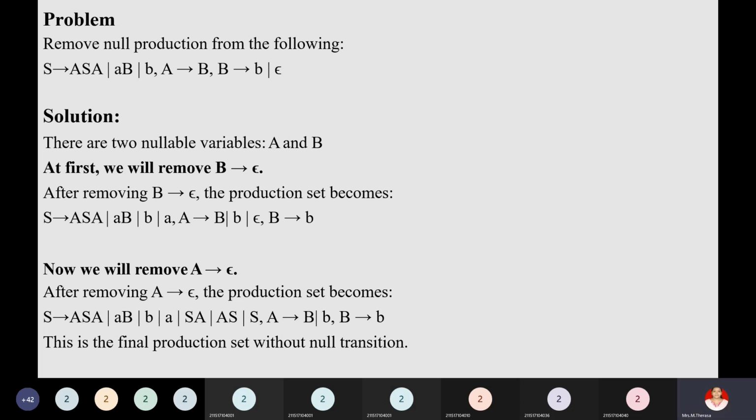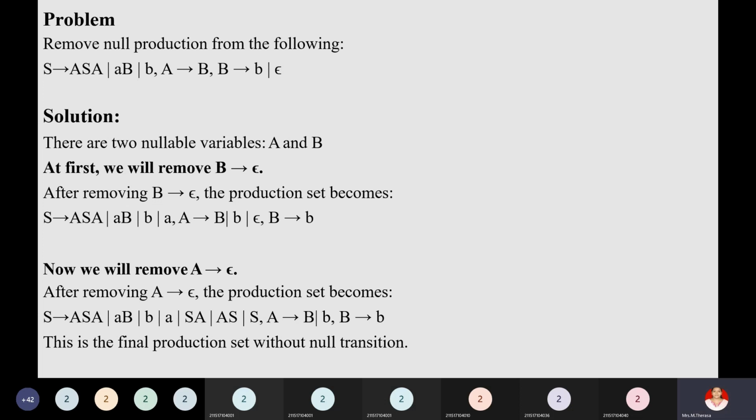So at first we will remove B tends to epsilon. After removing B tends to epsilon, the production set becomes S tends to ASA, AB, BA, or A tends to B or epsilon, isn't it? So how can you get this?